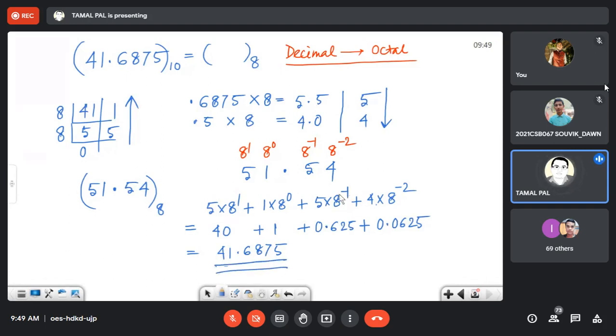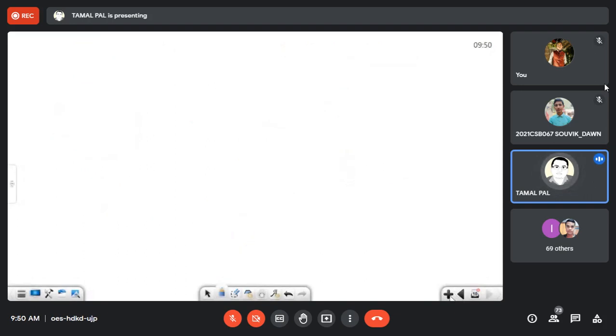Now let us check the same value for hexadecimal, whether I can convert it into hexadecimal or not. 41.6875. Now our target is to make it base 16. Now 41 divided by 16, then what is it?